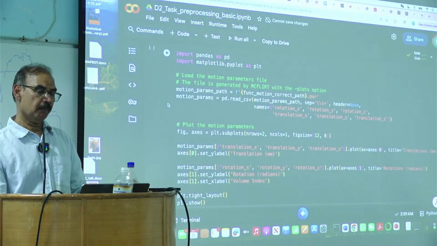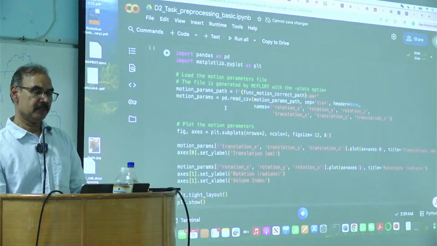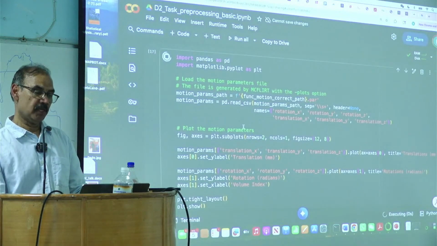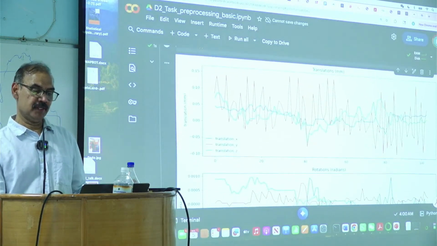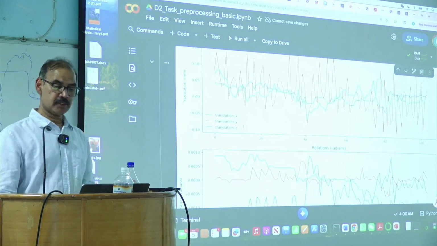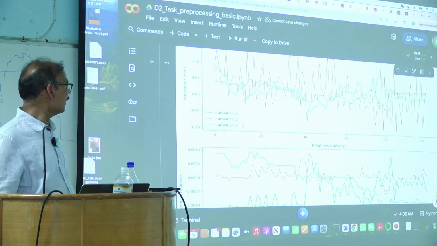Then we want to visualize the motion parameters, see how these changes look. And these are the changes across translation and rotation, right?